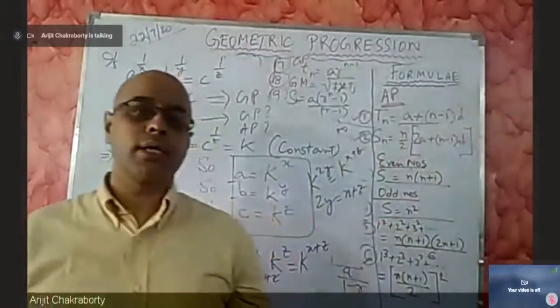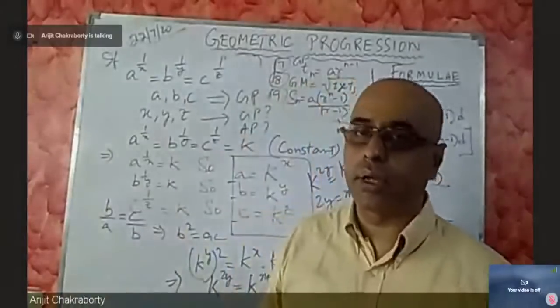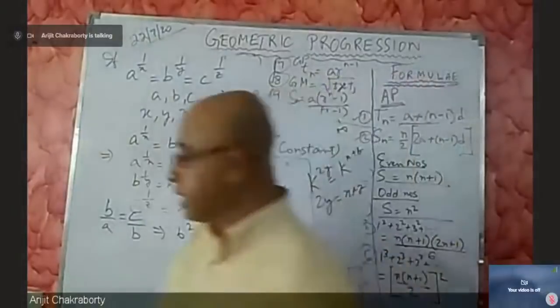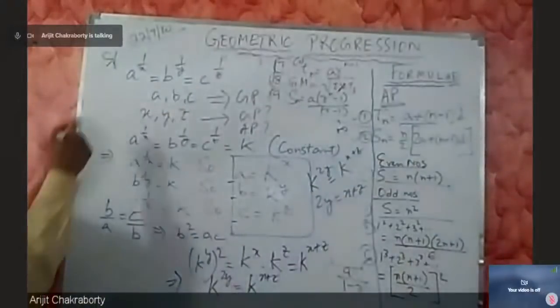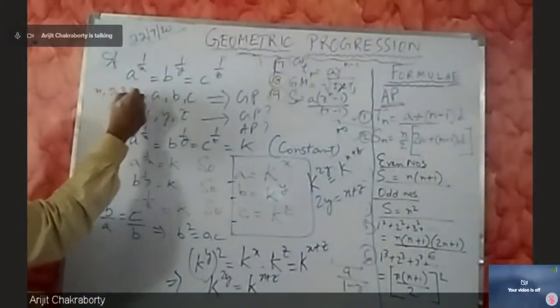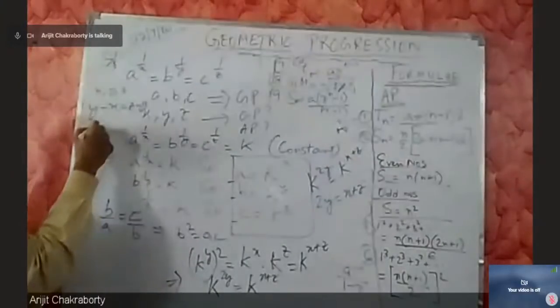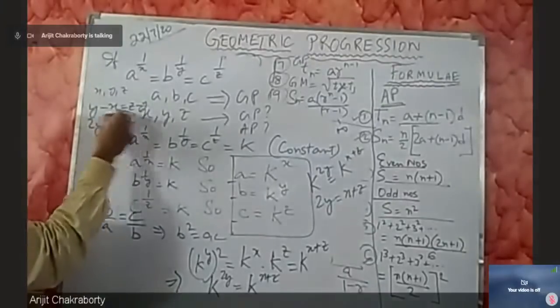2y equal to x plus z means easily that the numbers x, y and z are in AP, because if x, y and z are in AP, then y minus x will be equal to z minus y, or 2y will be equal to x plus z.